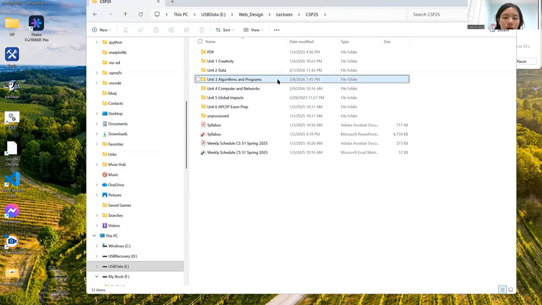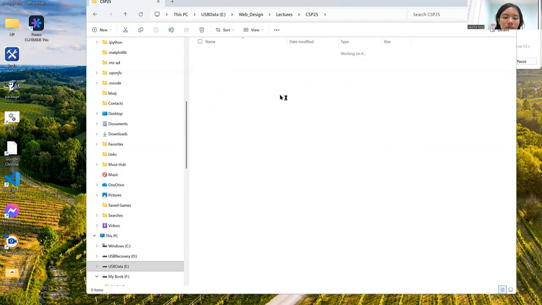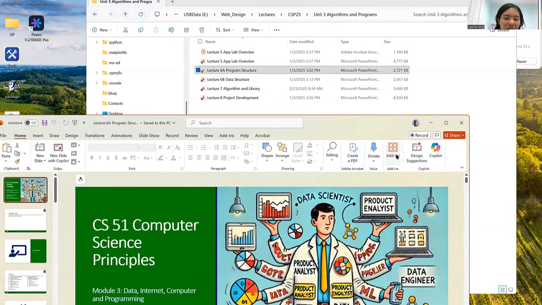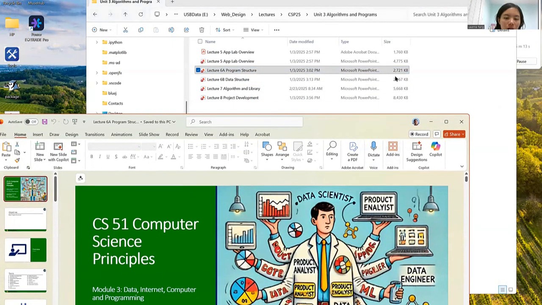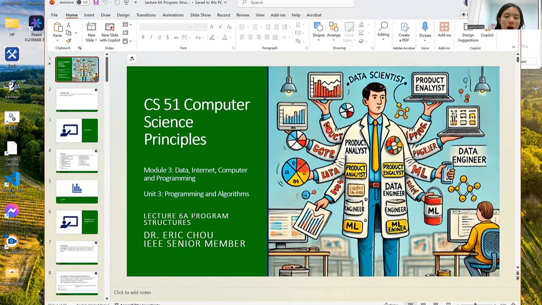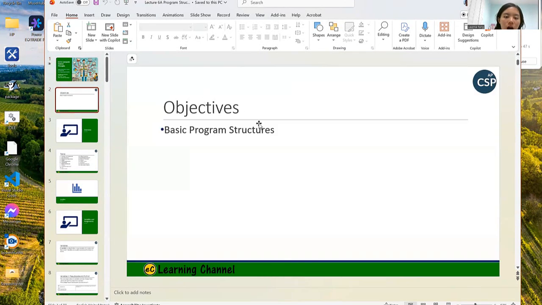Now let's go back to this unit 3. So unit 3, we will look at the material for lecture 6, program structure. So lecture 6A is program structure. Lecture 6B is data structure. Okay. So when we talk about a language, there is a program structure.